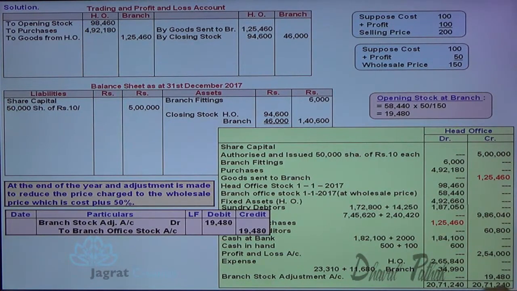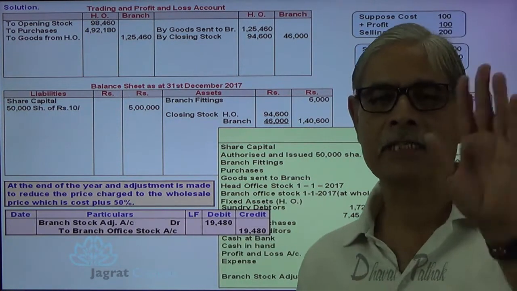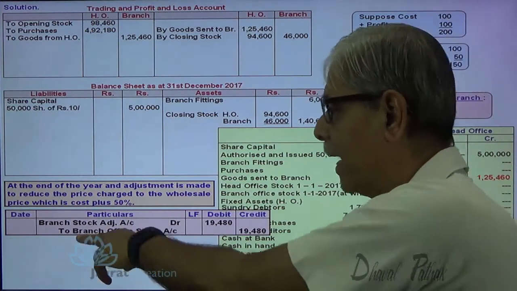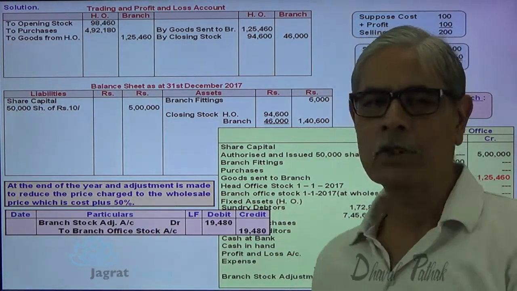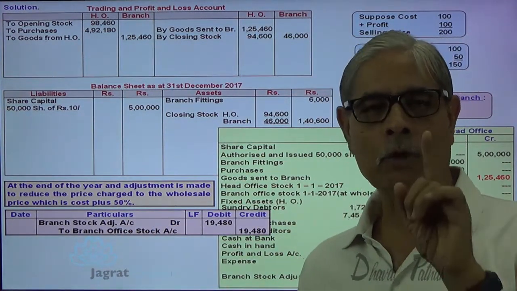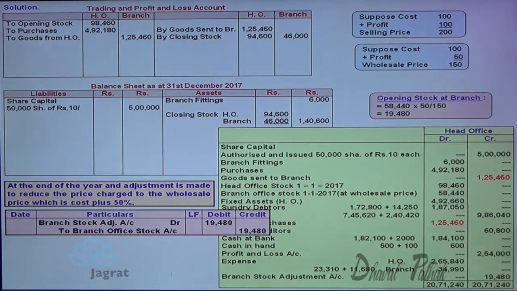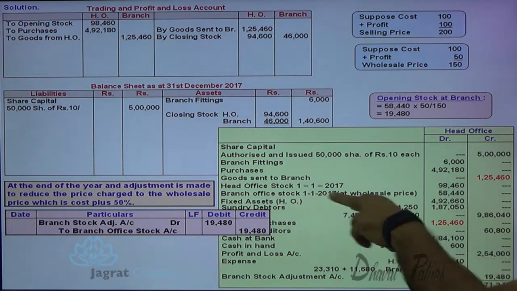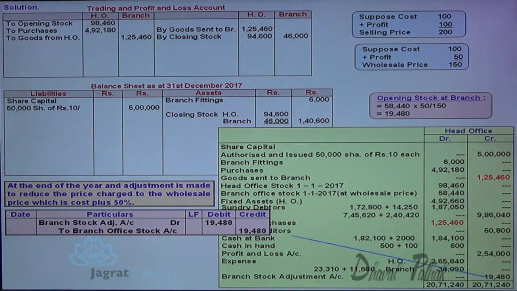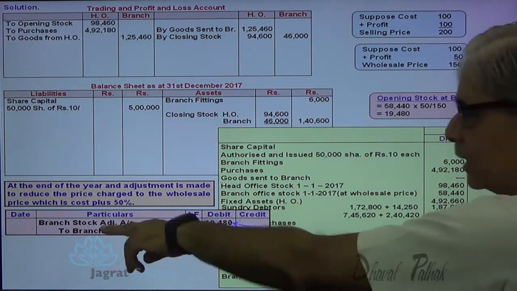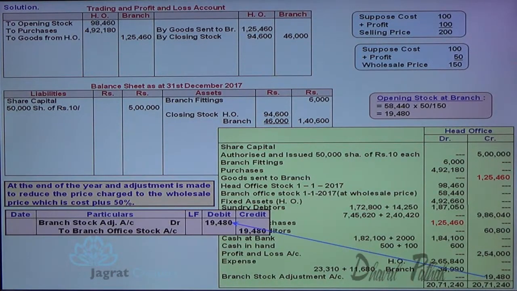Now the stock reserve is debited. So stock reserve account gets closed. And branch office stock account is to be credited. So now stock will be identified at cost. So this adjustment account will become 0. And this branch stock will be reduced to cost. So as this branch adjustment account is debited, this will become 0.